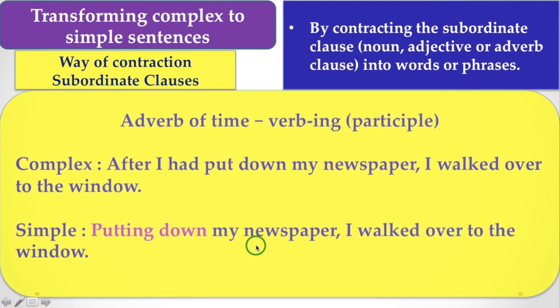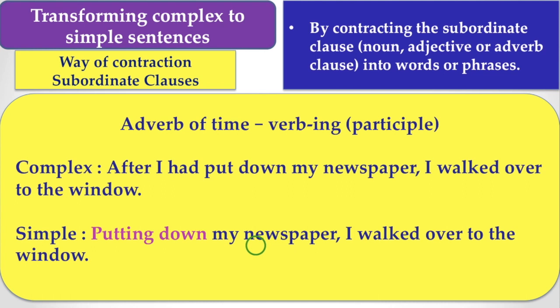Next trick for you. If you find an adverb of time, because there are different types of adverbial clauses, of time, reason, etc. So if an adverb of time is there in the complex sentence, you just use verb ing, that is, a participle. After I had put down my newspaper, I walked over to the window.